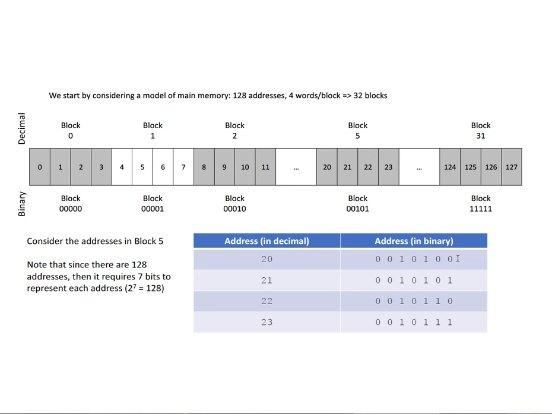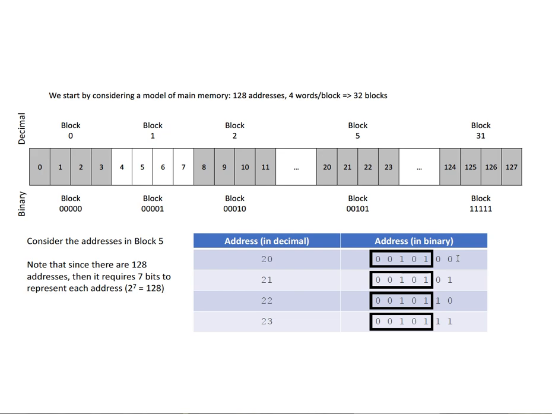They end with 00, 01, 10, and 11. In each block, the sequential memory addresses within that block will end with 00, 01, 10, and 11. But what we notice is that the first 5 bits in this case are all the same.